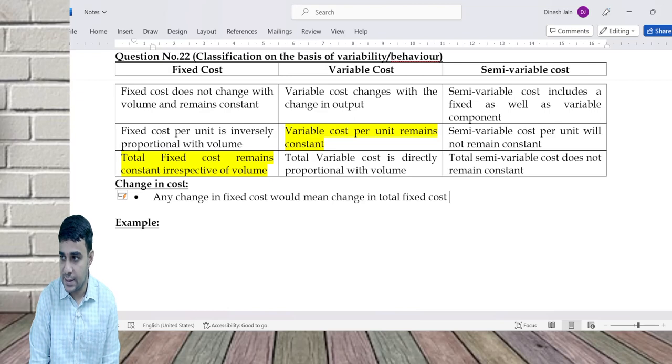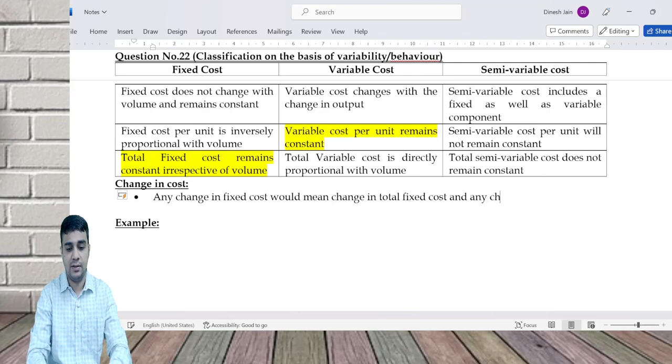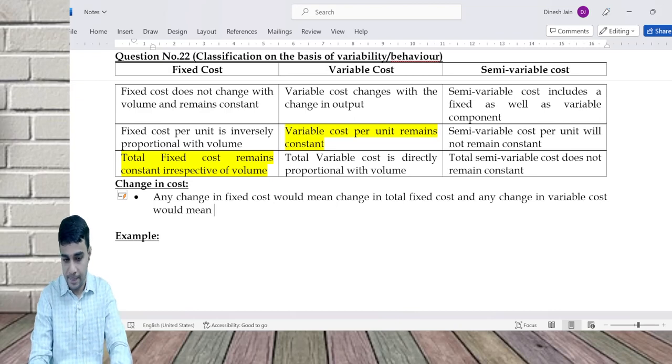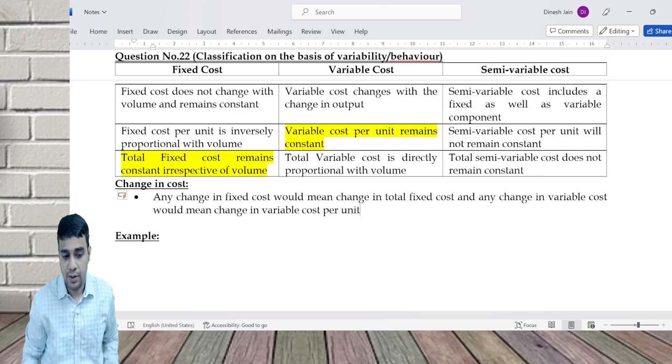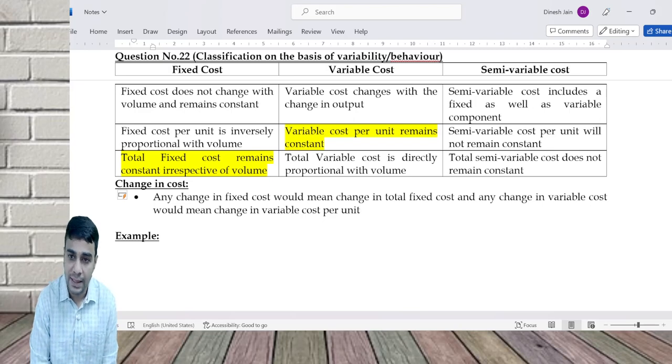If the question says there's a change in fixed cost, it means there's a change in total fixed cost. And any change in variable cost would mean change in variable cost per unit. Basically, what normally remains constant can only change.